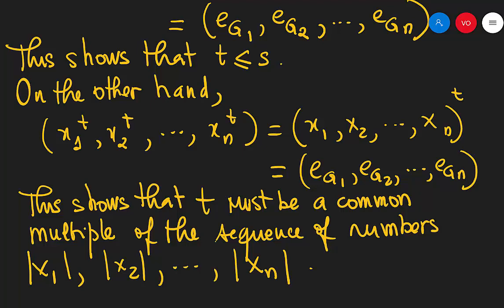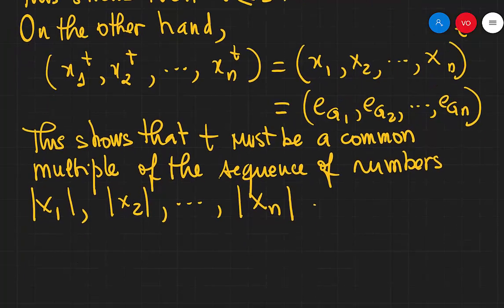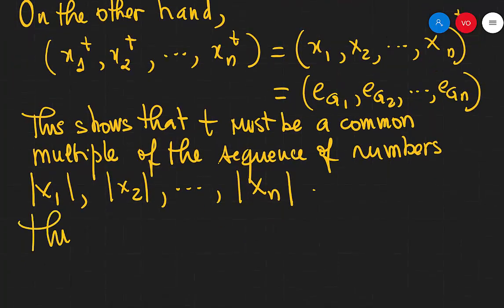Right, so thus S, which is the least common multiple of this thing here, must be less than or equal to T.